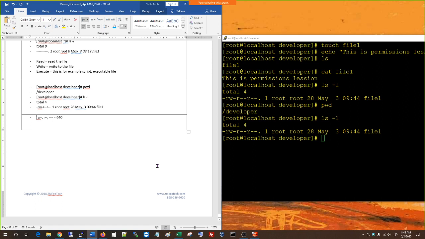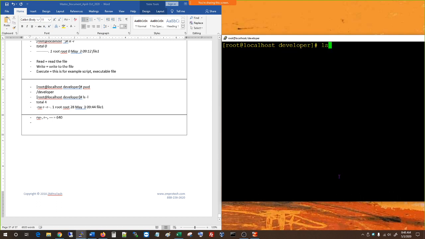Now here's a new way to give the permission. Let me clear this. I do ls -l again. What I'm going to do is give the permissions here.